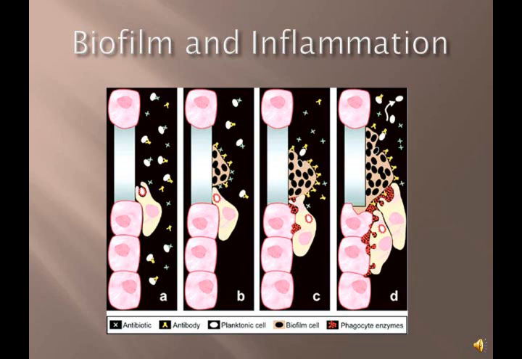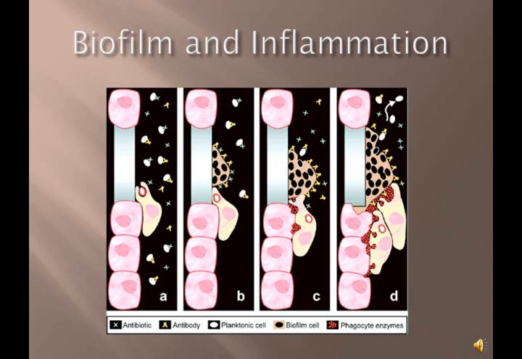What Costerton and Stewart are proposing in this illustration is a more parasitic infection where the bacteria takes over a host space that's caused by trauma, or in this case, cystic fibrosis.